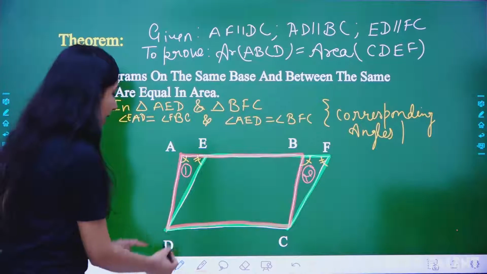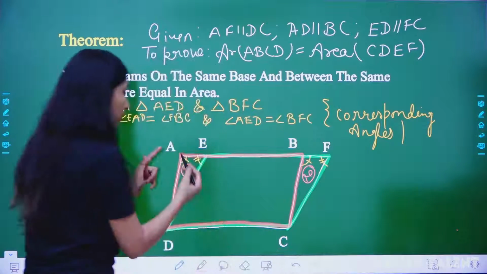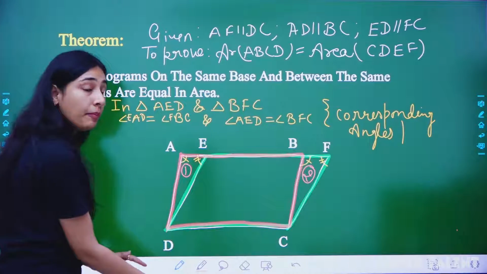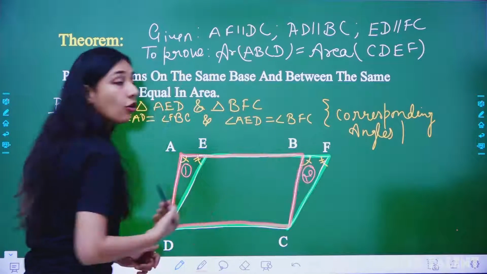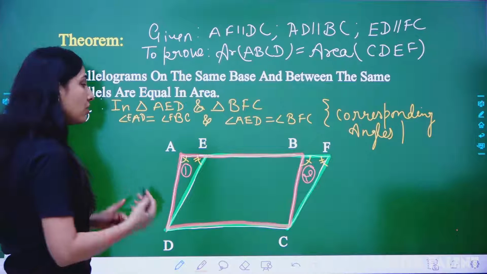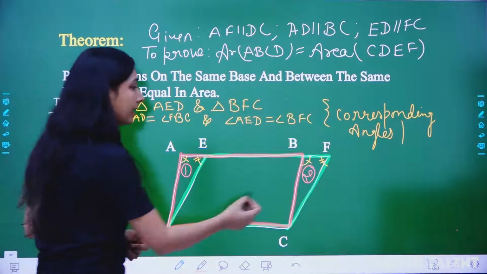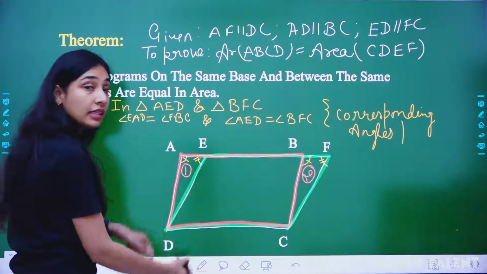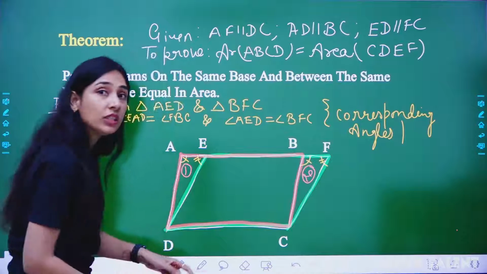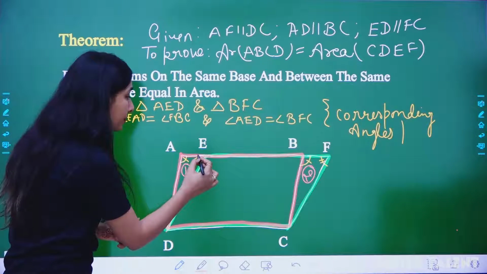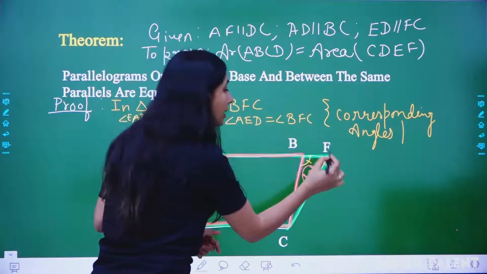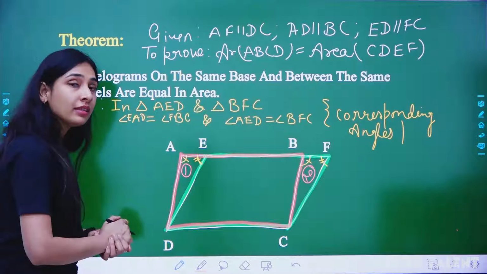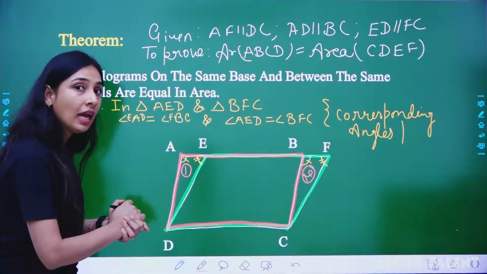Because this line AD is parallel to this line BC. If these two lines are parallel to each other, these will be the corresponding angles, which are again equal. If these two lines ED and FC, the green ones, are parallel to each other, then these two angles will again be congruent corresponding angles.